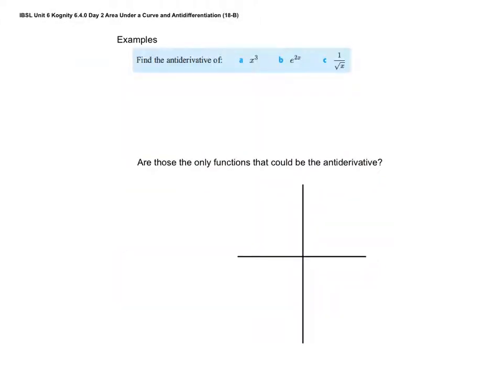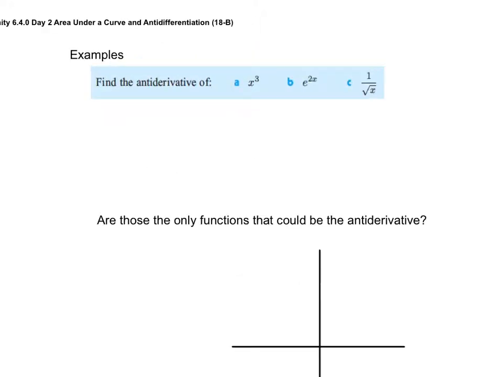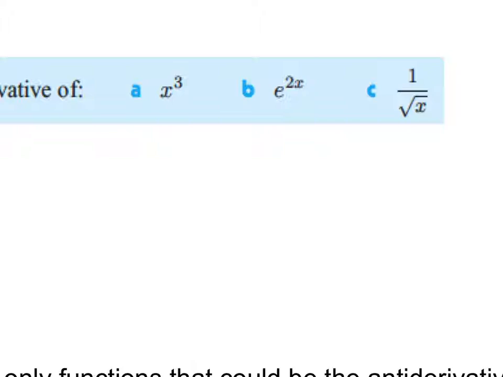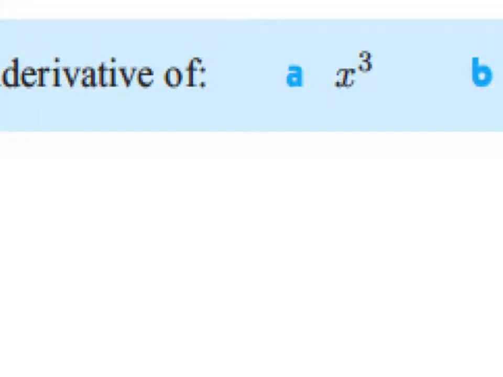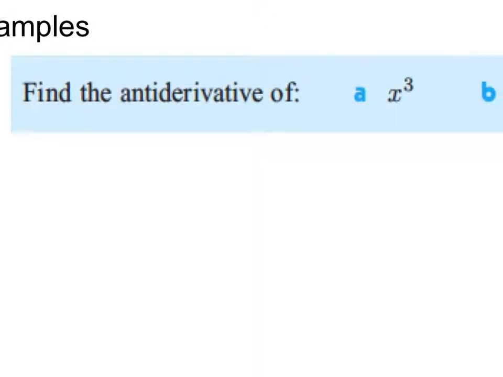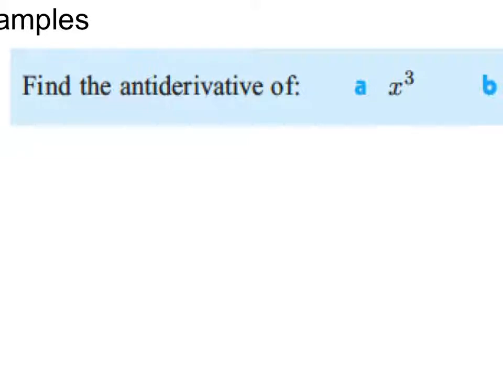So, I want you to think about this in terms of these functions here. Let's start with x cubed. We want to try to find the antiderivative of x cubed. So let's think about this.